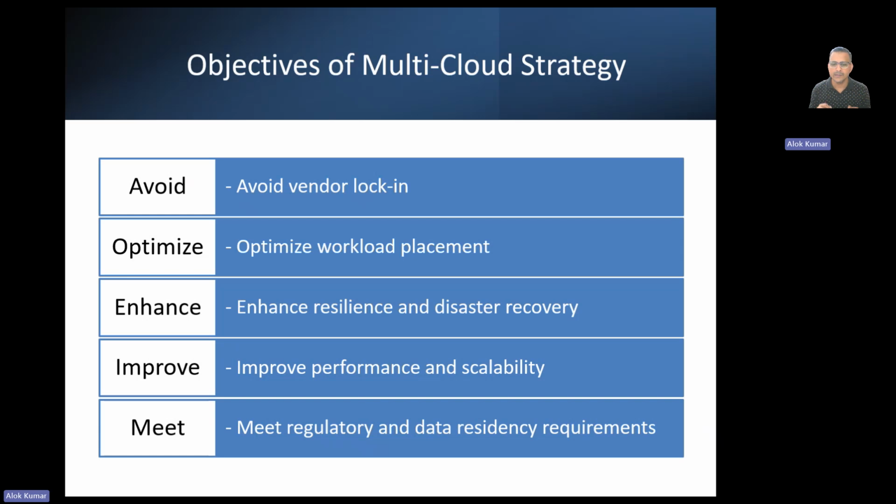Along with that, there is an improvement in performance as well as scalability options available with the different cloud providers. Another very good reason to go for a multi-cloud strategy is that these days most global businesses operate across different geographical locations, and governments in different parts of the world have their own data governance rules.